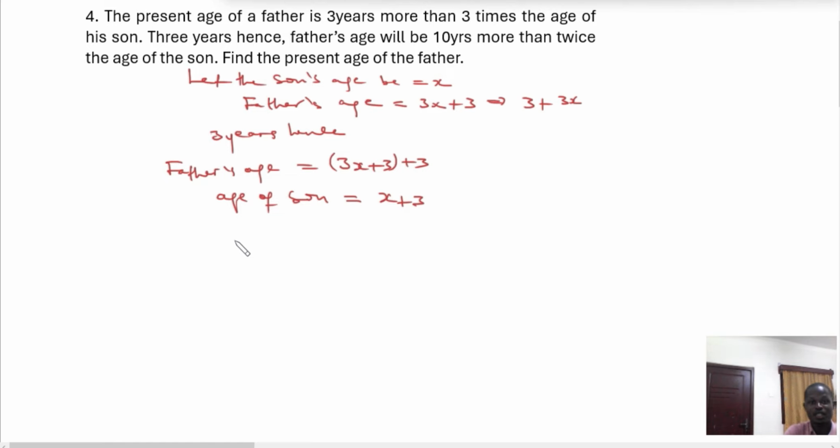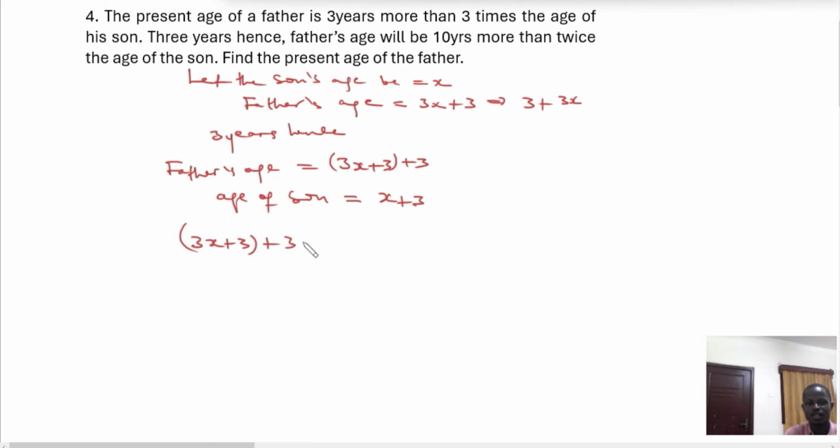Now we're going to interpret. Let's try to get an equation so that we can solve this question. The father's age 3 years after is 3x plus 3 plus 3. This is the father's age after 3 years.